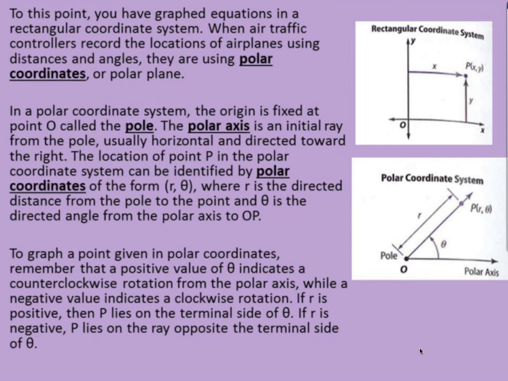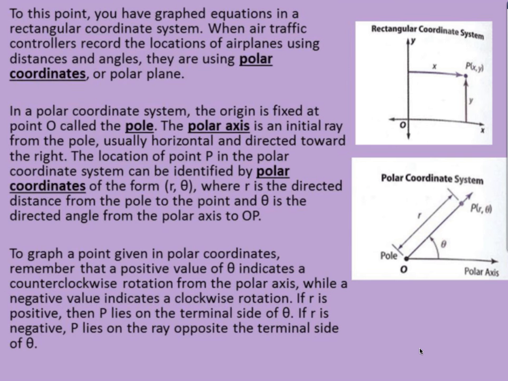The location of point P in the polar coordinate system can be identified by polar coordinates in the form of r and theta, where r is a directed distance from the pole to the point and theta is the directed angle from the polar axis to the segment OP.